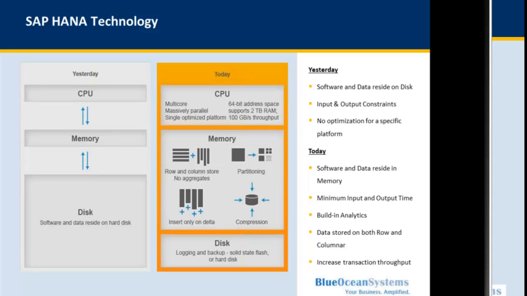So in summary, HANA handles all of the data in memory. And in the next couple of slides, I will also explain what are the other innovations that are arising from a Business One system sitting on top of SAP HANA.